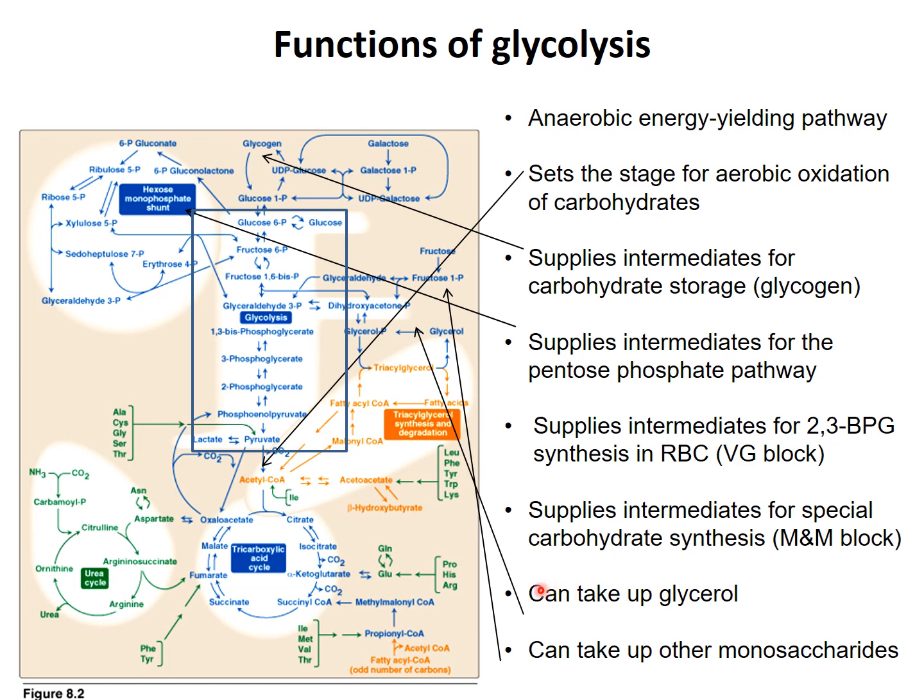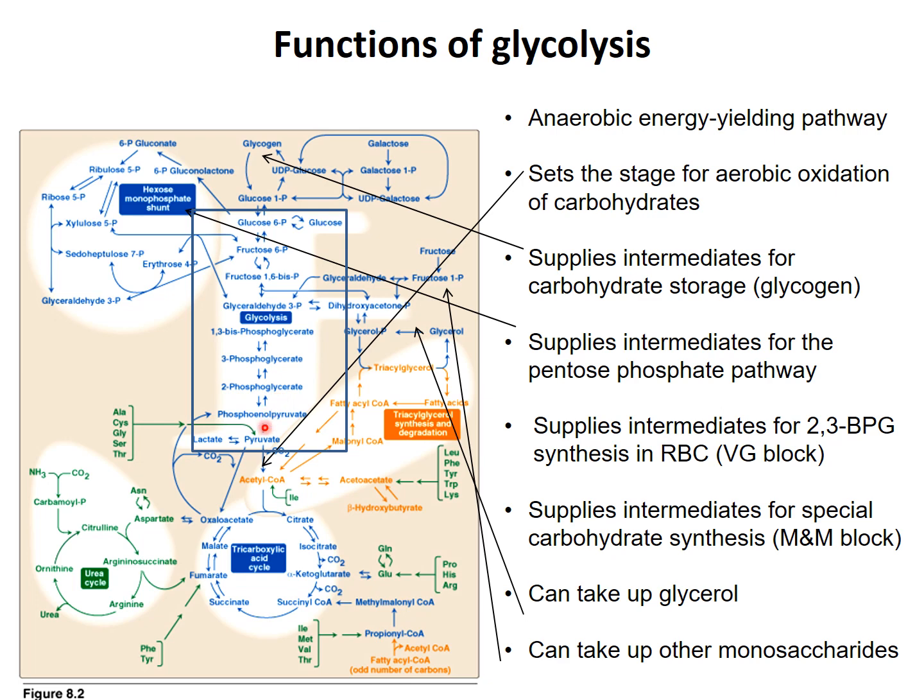Now, this can take up glycerol, which is very important because when triglycerides are liberated from the adipose tissue or coming into the cells, triglycerides are hydrolyzed. Fatty acid can go for energy generation, and glycerol will be taken up and utilized in the glycolytic pathway. And it can also take up fructose, galactose, other monosaccharides can join the glycolytic process.